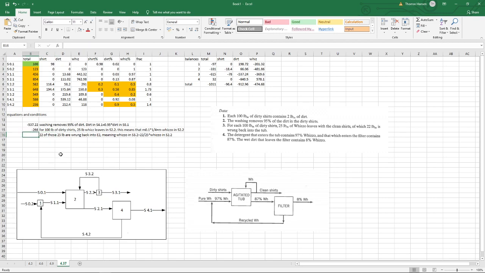If we put that as an equation, it'll basically be that the amount of Wizzo in 3,2, so that's this one, just gonna check 3,2, yes, if I subtract 22/25, I'm just gonna put in a parenthesis to be sure Excel doesn't screw with us, the amount of Wizzo in 2,2, so that's this one.